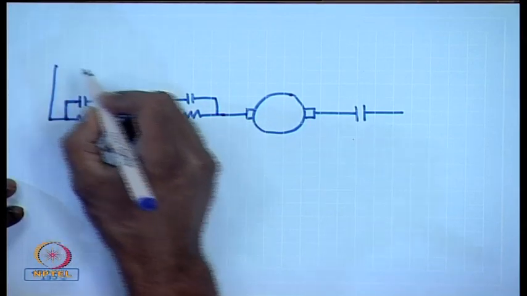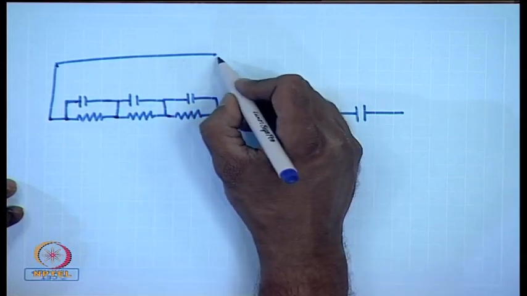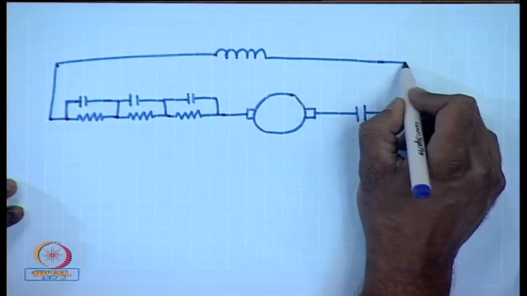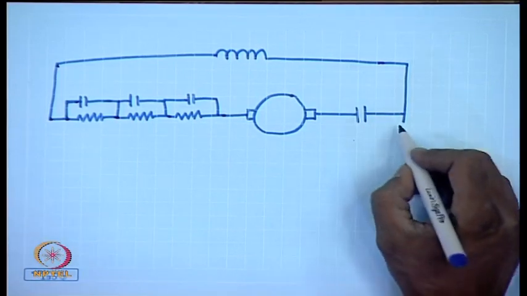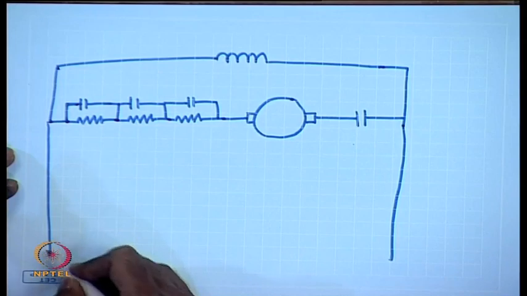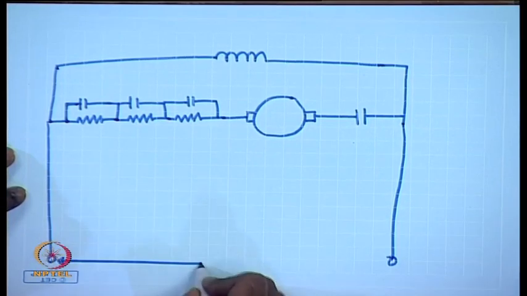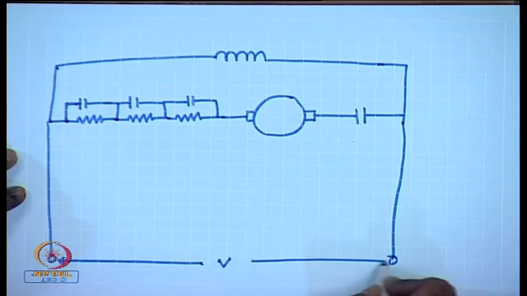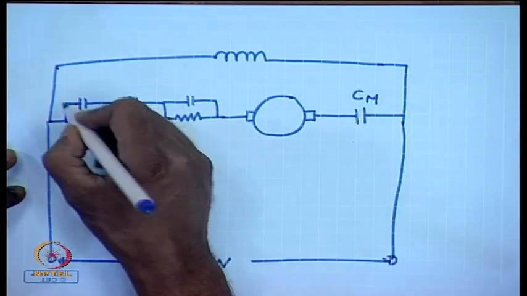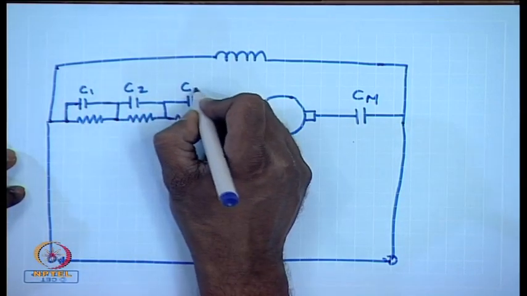And the field coil is connected directly across this. And this is where the supply is given. This is the main contact. These are the starting contacts C1, C2 and C3.